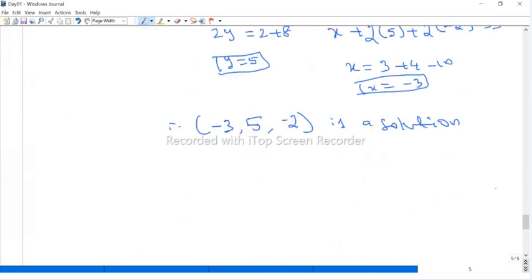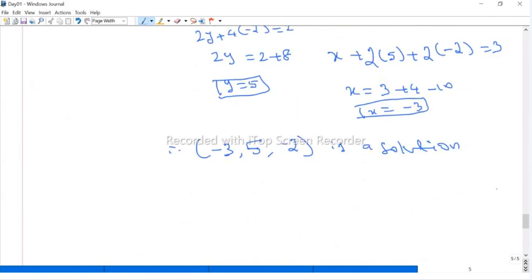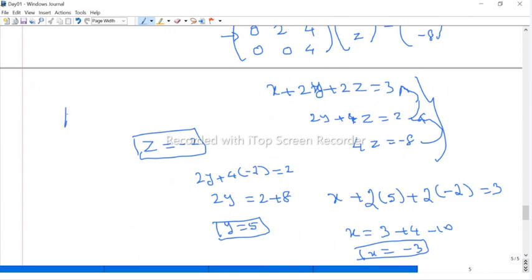So this is a method, called Gauss elimination method. This is also called the back substitution method, because we substitute from the back. First you find the value of z, then using z in the second equation you find y, and then substitute the values of y and z in the first equation.